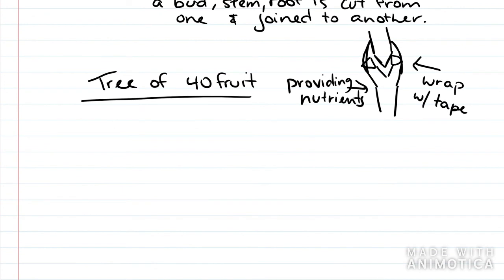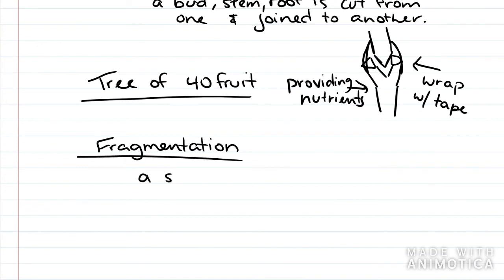So now, our last two, fragmentation. Fragmentation is my favorite. I absolutely love fragmentation because what happens is a small piece breaks off the organism or the animal and grows into a whole new one. So the most common one you'll see for this is sea stars or starfish.